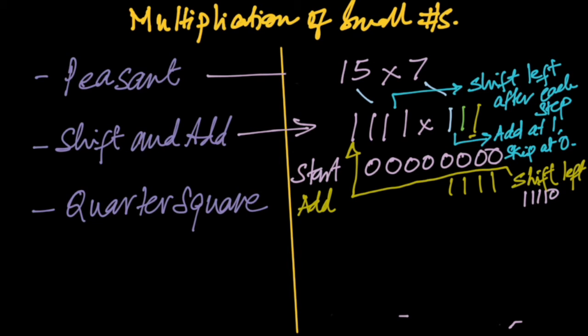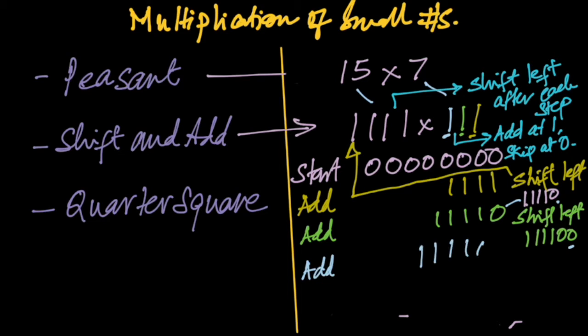Then we again get 1, so we add this number here and then we shift, so we have one more 0 here. And the same thing we do at the next one. We add this number over here and then shift it by one more place, and then we add all the numbers that we had put over here, so we get this.